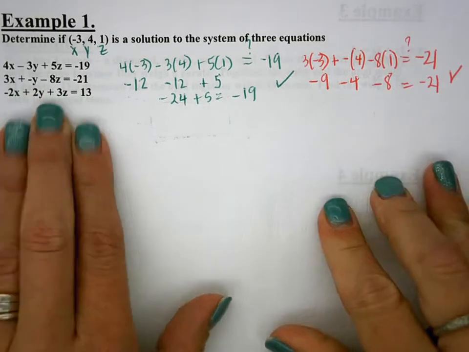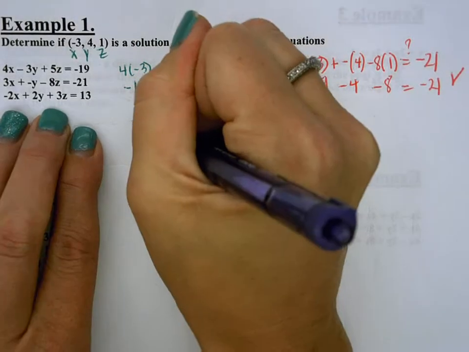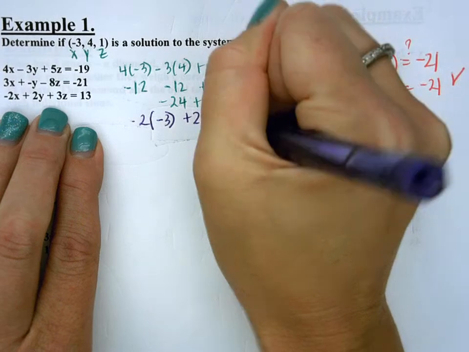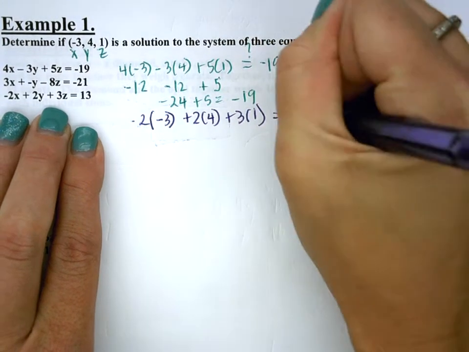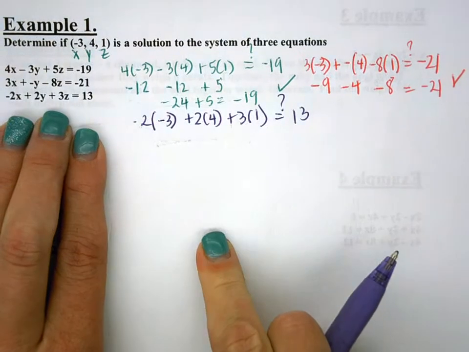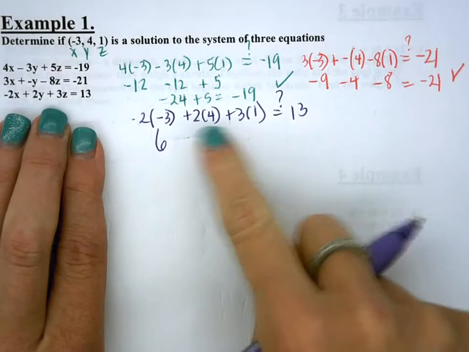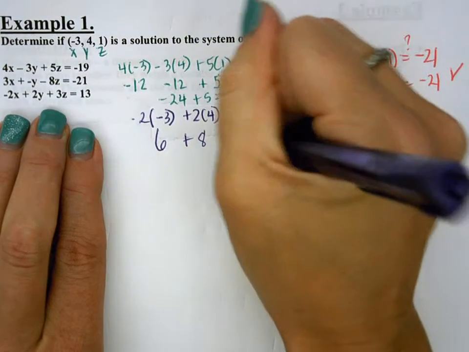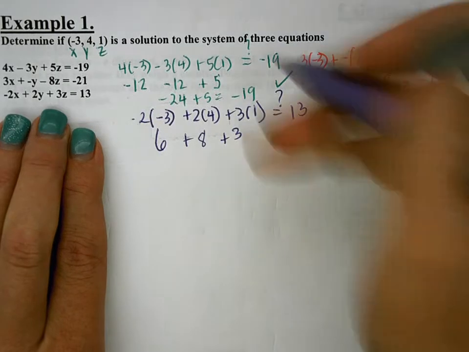So now we need to try the third one. We have negative 2 times negative 3 plus 2 times 4 plus 3 times 1, and we're checking to see if it equals 13. What is negative 2 times negative 3? 6. What is 2 times 4? 8. What is 3 times 1? 3. 6 plus 8 is 14, plus 3 is 17.